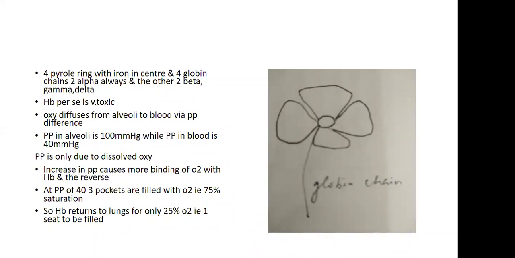And if 3 seats are occupied by the oxygen and 1 remains as such, then we say 75% saturation of the hemoglobin. And similarly, 50% saturation of the hemoglobin if 2 are occupied by the oxygen and 2 are lying as such.